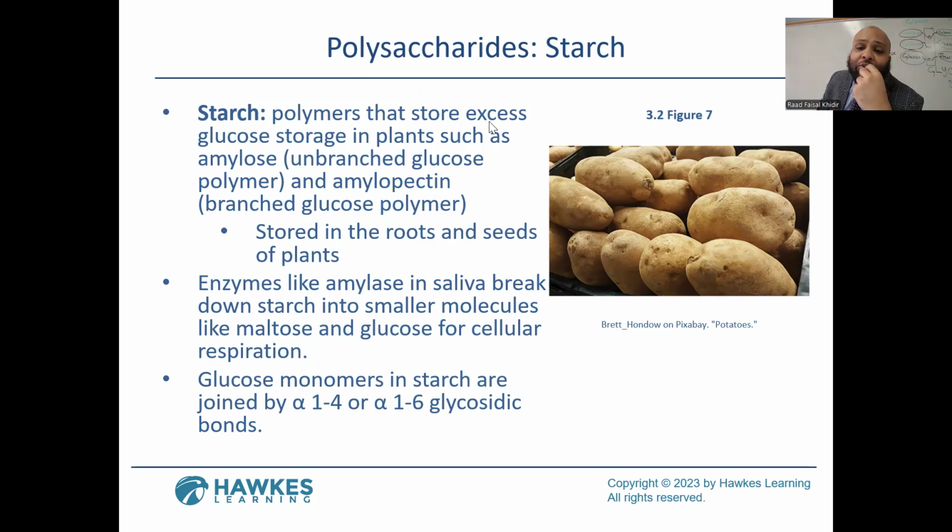So these are polymers that store excess glucose in plants, such as amylose, which is an unbranched glucose polymer, and amylopectin, which is the branched glucose polymer. They're stored in the roots and the seeds of the plants. So enzymes like amylase in the saliva.